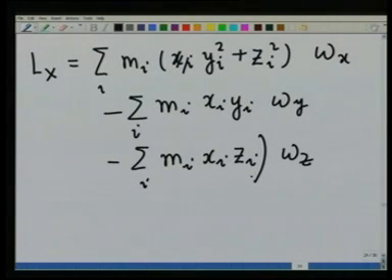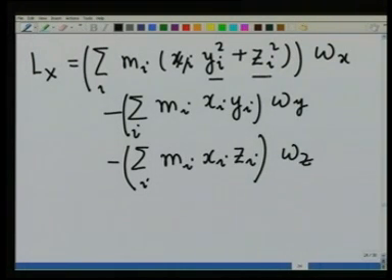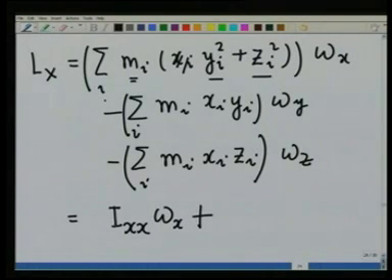Let me put these terms in brackets and identify them. You recall, yi square plus zi square is the perpendicular distance squared of the ith particle from the x axis. So this is nothing but the moment of inertia about the x axis. Let me write this as Ixx omega x, plus, let me identify this term, minus summation mi xi yi.